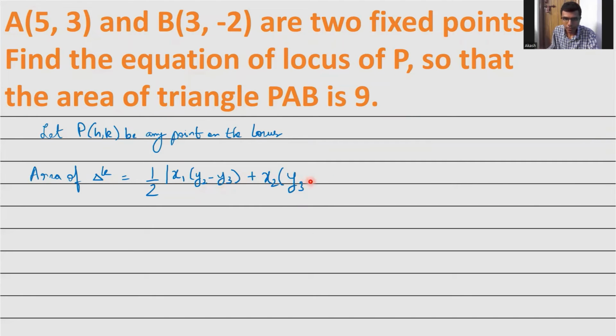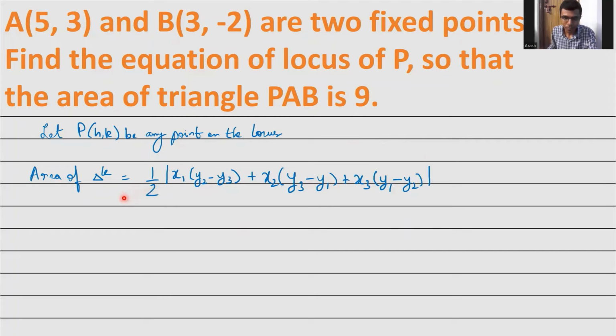And after y3, y1. And again, here x2 is there, so x3 will come. Here y3 is there, so y1 will come. Here y1 is there, so y2 will come. See? Easy, right, to remember the formula? Cyclic, it goes like this. Okay, stop here, don't go to extra. Three terms. Don't go ahead.